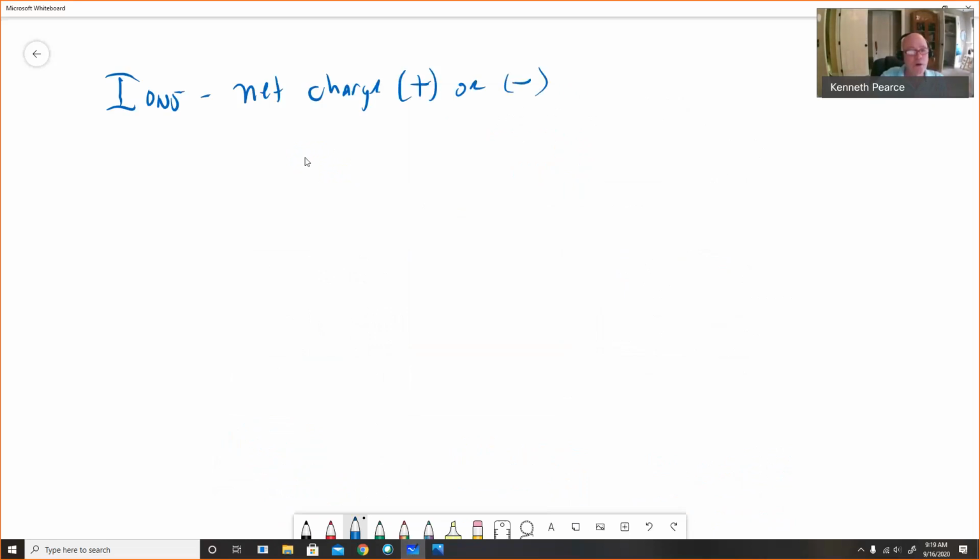And the positive ions we call cations. It's not pronounced cations, it's pronounced cation, like a cat and an ion. Cations are positive, and they're usually metals.